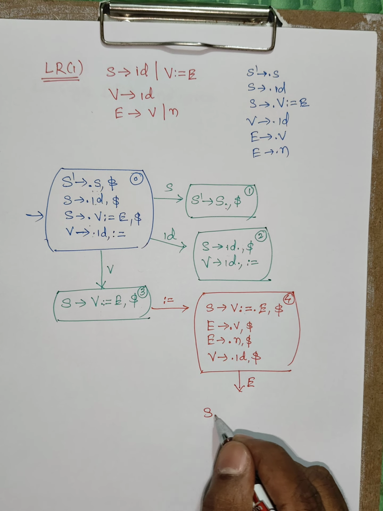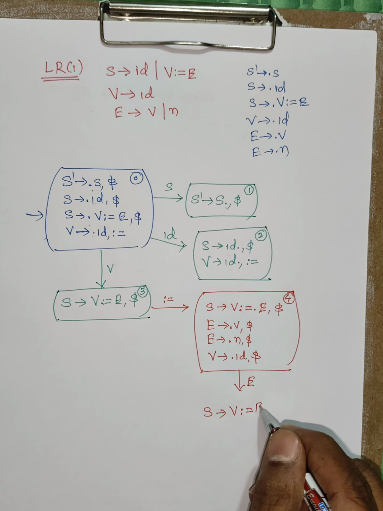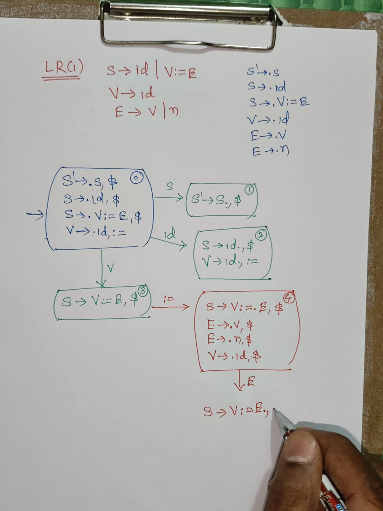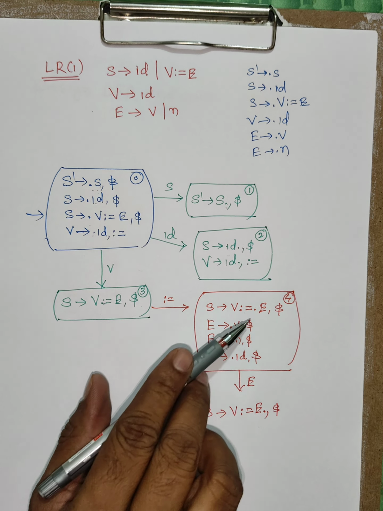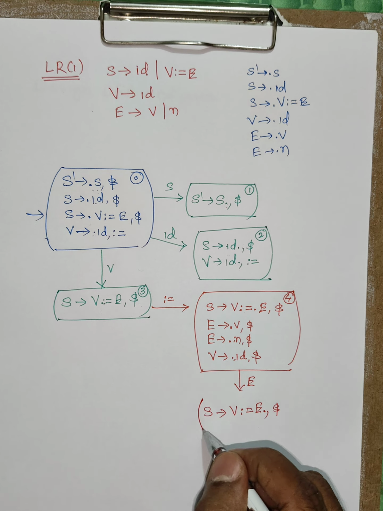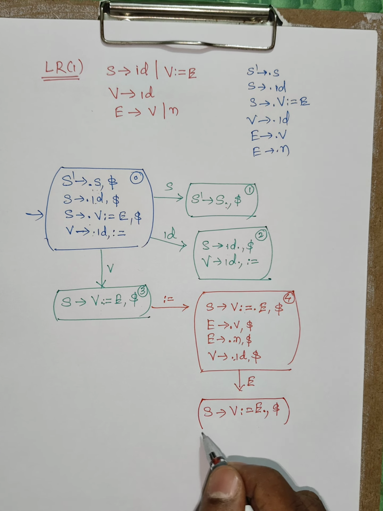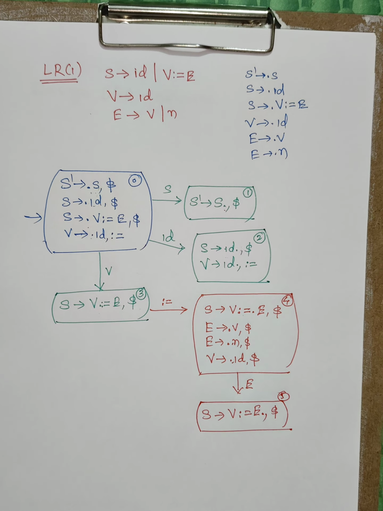The transition on E: after the transition, S produces V colon equal to E dot and the carry lookahead is the same. Only one transition on E. Then V, N, id. State 5.